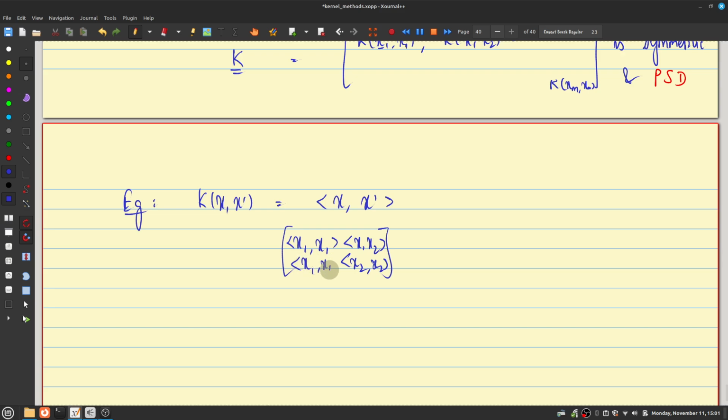The claim is that this need not be PSD. What we want to show is that this is PSD for every single x1 and x2. How do you go about showing whether this is PSD or not?